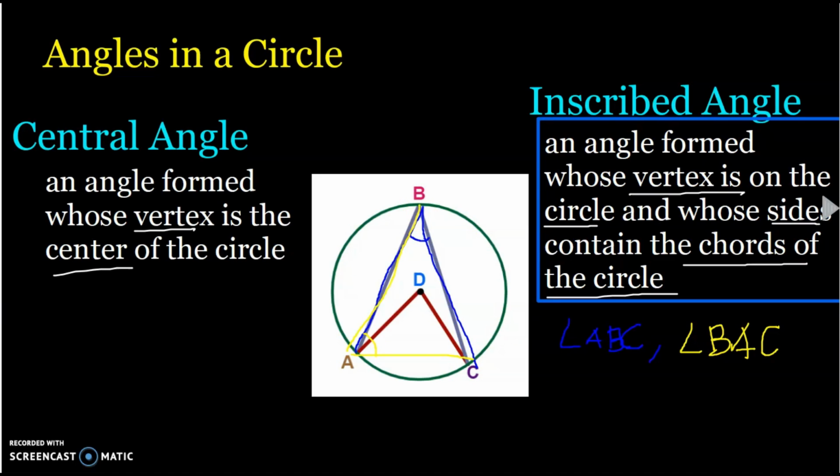So, we are going to identify another inscribed angle from the circle. It's angle BCA. So, from the given figure, we can name three inscribed angles. So, we have to be very sure on the difference between central and inscribed angles. Okay? Because this has something to do with the next slides.